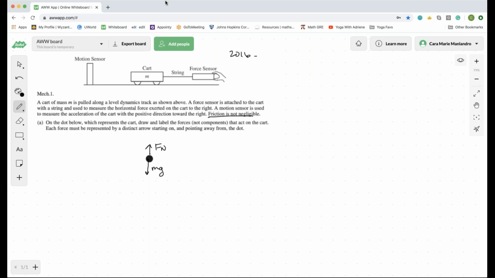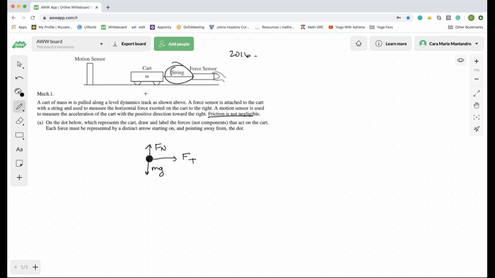From there, we need to have a tension vector. I would have a tension vector because of the string. It's not a spring as I originally thought. And that should be that.